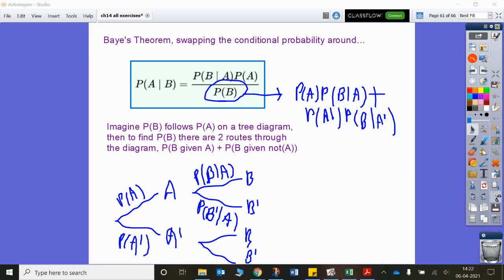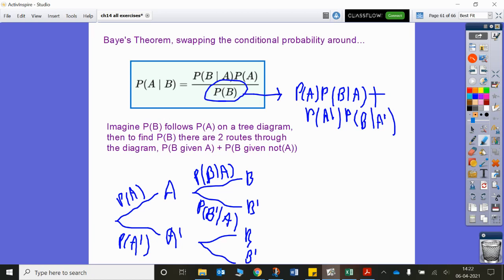It goes back to this thing here of saying that if we want to switch around our conditional probabilities, that's fine. We need to do the probability of A and B, which likewise can be written as the probability of B given A times the probability of A, and then divided by the probability of B, which is your normal conditional probability. Probability of B comes from your tree diagram there.